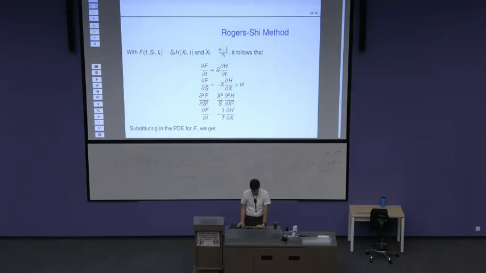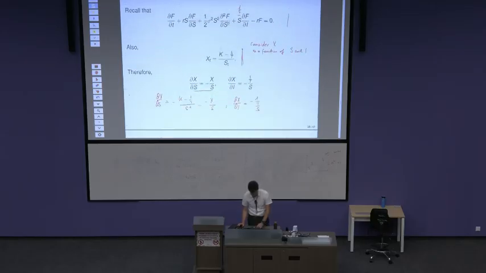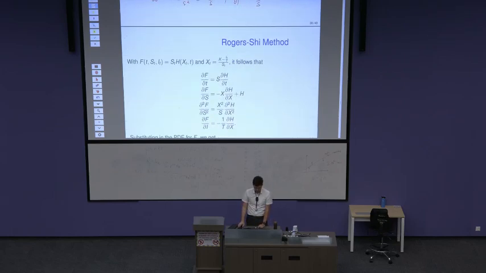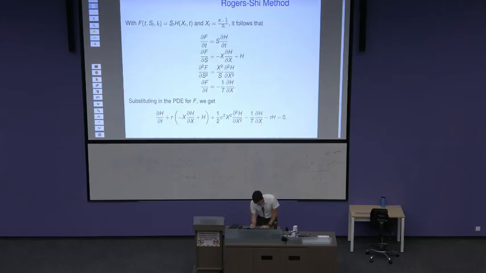And now we exactly do what I explained. We have this structure: f is just s times h. We want to plug this in the PDE. x is defined in this way. And now we need to compute how the derivatives of f relate to this product structure on the left-hand side when I compute the corresponding derivatives. So we start by going through all the derivatives involved in the PDE. We have the time dependence first.